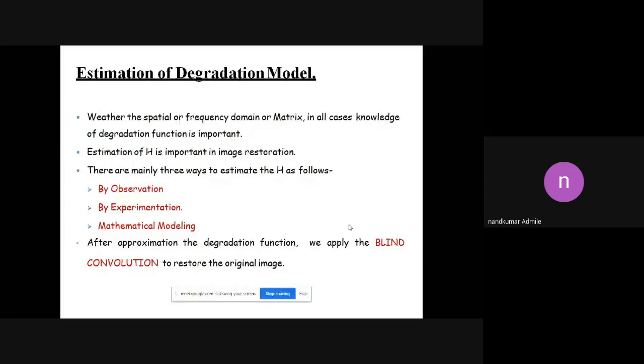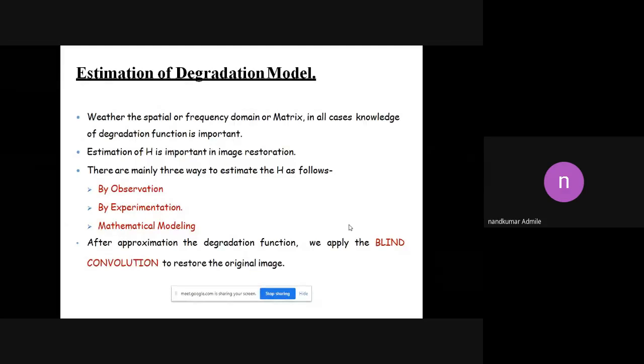In the degradation model we use two blocks: one is a filtering function and another is the degradation model. First we have to estimate the degradation function H.